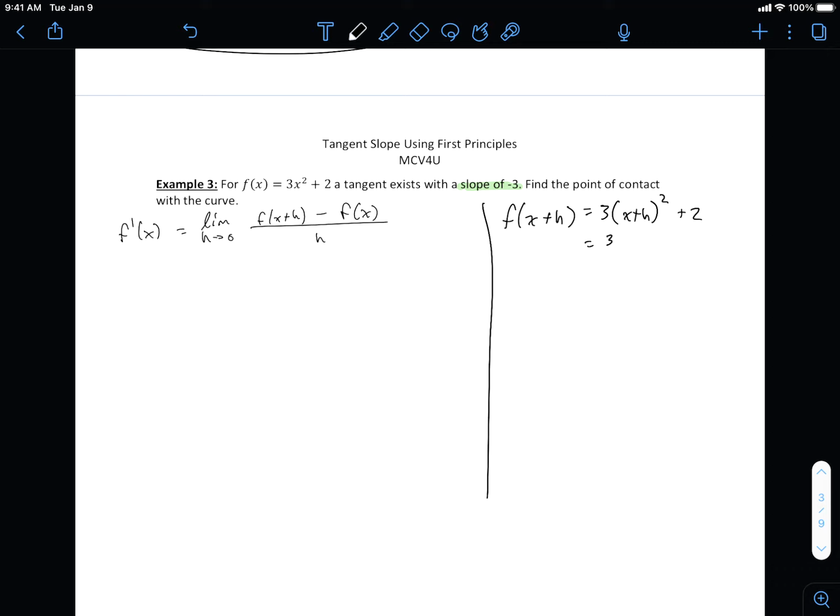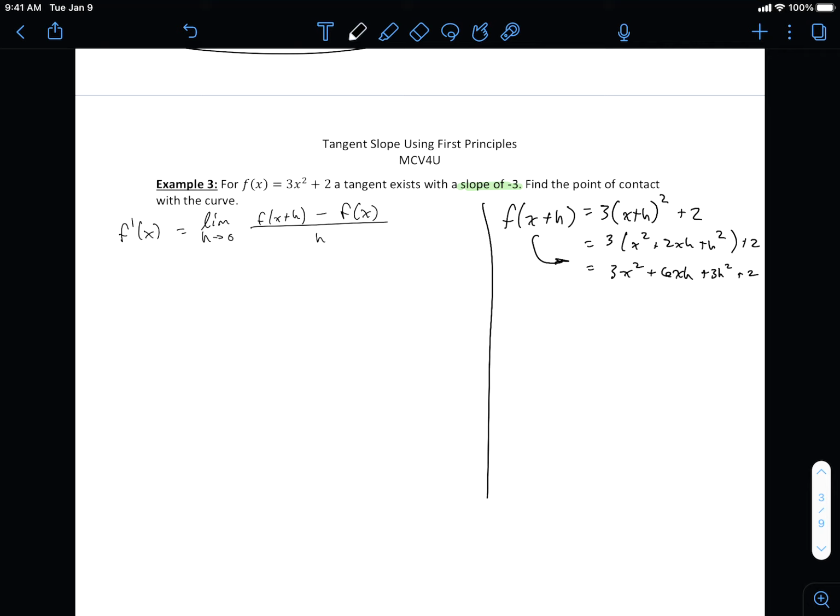So we're going to have 3 times x squared plus 2xh plus h squared, plus 2 at the end. Let's distribute the 3 in. We're going to get 3x squared plus 6xh plus 3h squared plus 2. All right, this is our function, f of x plus h.